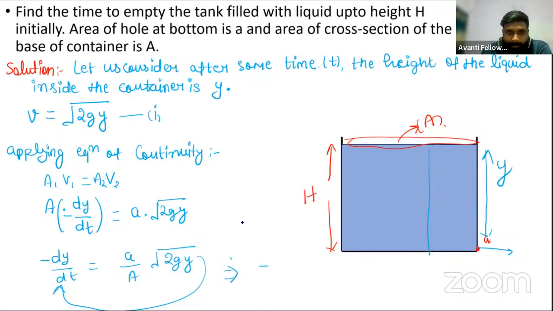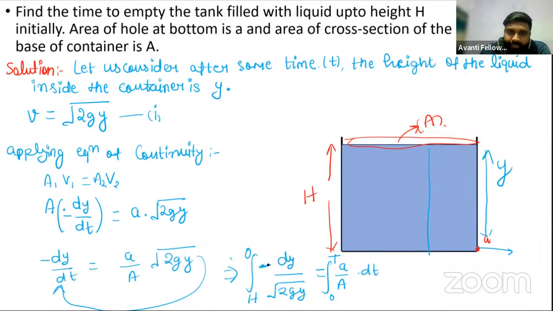So it is minus dy by root 2 gy is equals to small a by capital A into dt. Now if you integrate it from 0 to capital time T, okay. So at time t is equals to 0, the height of the liquid is capital H, and at time capital T, when the tank is empty, the height will become 0.